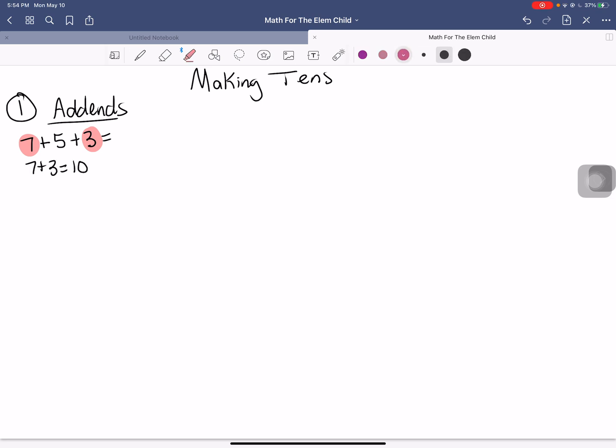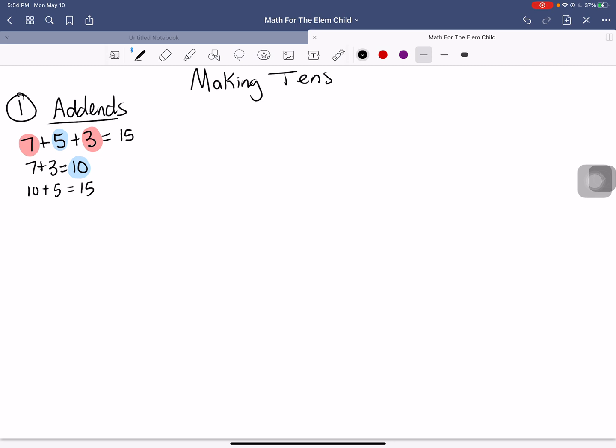And since we have an extra number, or an add-on, which is the 5, we will add the 5 to the 10 to get 10 plus 5, or 15. So we know that 7 plus 5 plus 3 equals 15.